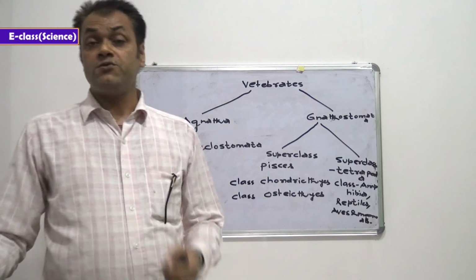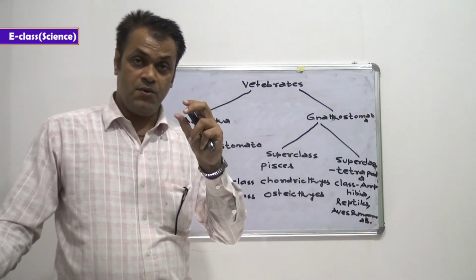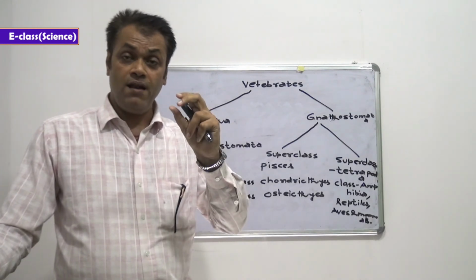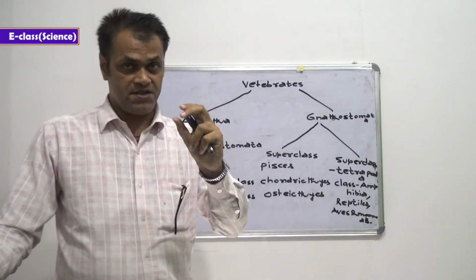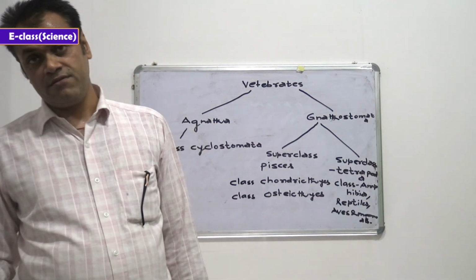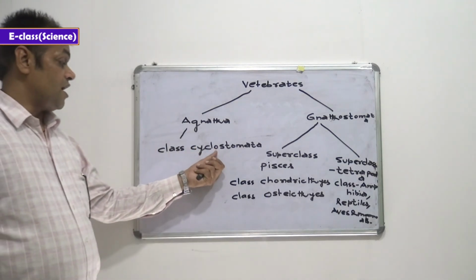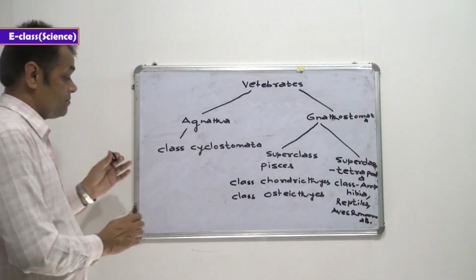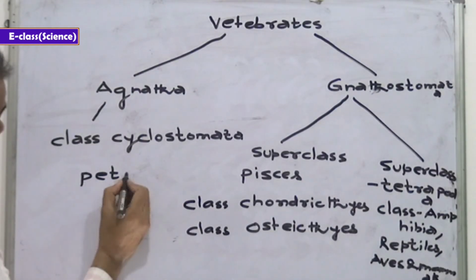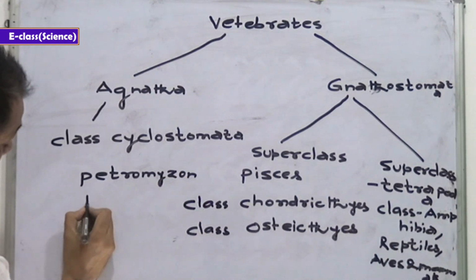The circulatory system is closed type, RBC is oval, biconvex and nucleated, and they have a single median nostril. So these are the characteristics of Cyclostomata. In Cyclostomata, you have heard the names Petromyzon and Myxine.